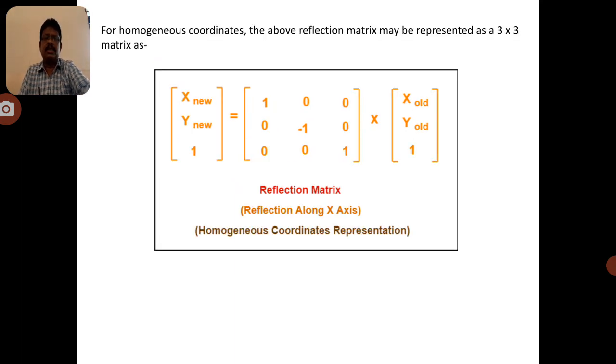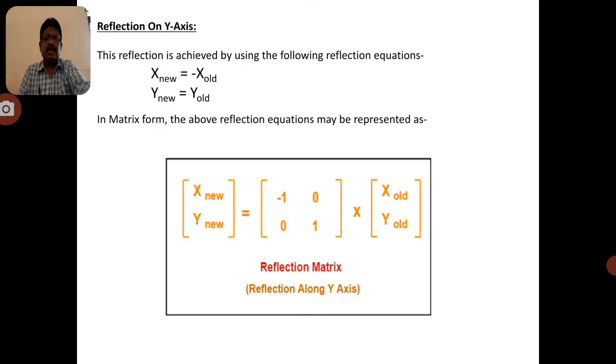This is the homogeneous matrix, which we can apply for reflection in two dimensions. Similarly, we have to consider the reflection on the y-axis.